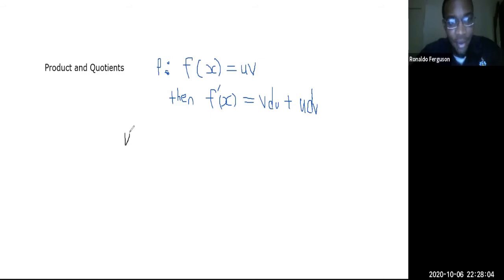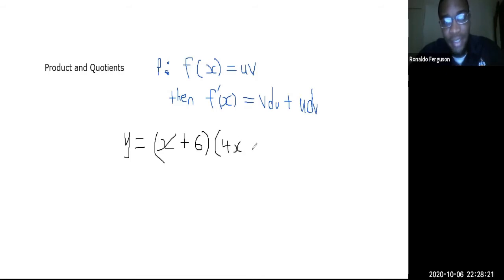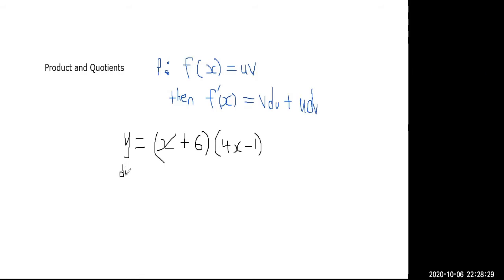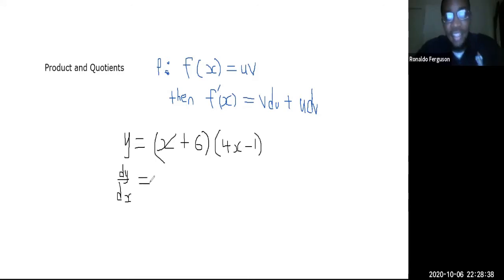Let's say y is equal to x plus 6 times 4x minus 1. How do we differentiate this now? You differentiate the second bracket first. Alright, so dy by dx is, what I usually tell my students is v du plus u dv.